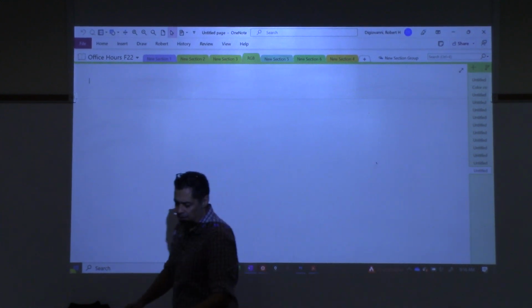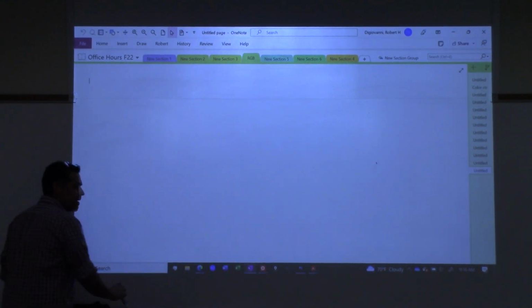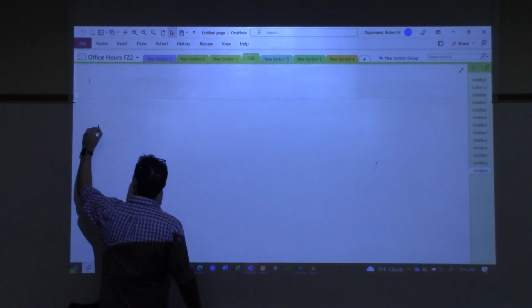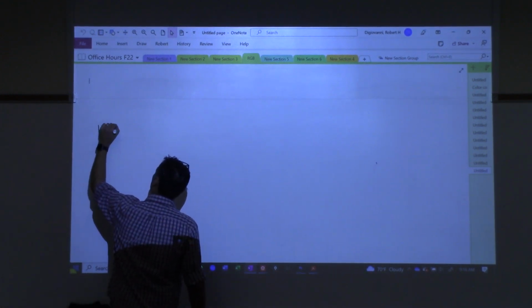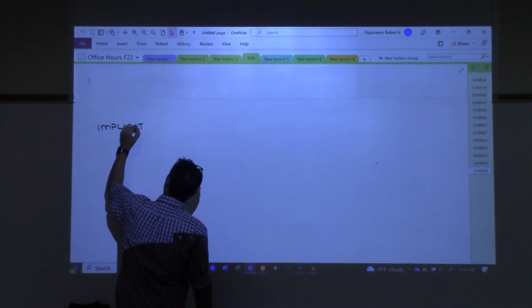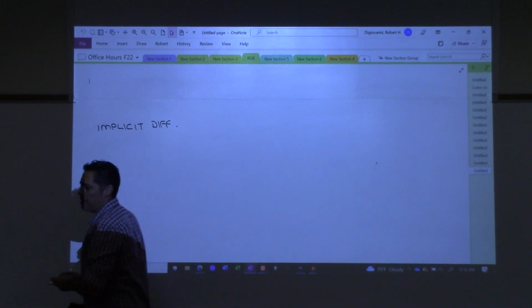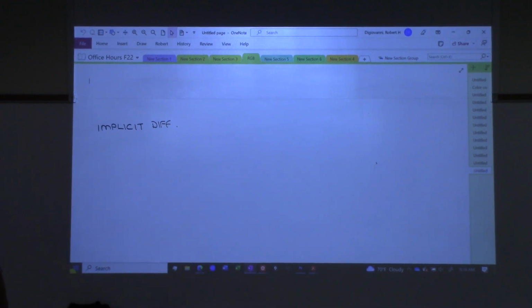All right, so last time we were talking about implicit differentiation, right? Implicit diff, okay? And the idea, again, was that some equations cannot be solved for y, or for whatever variable you're interested in.